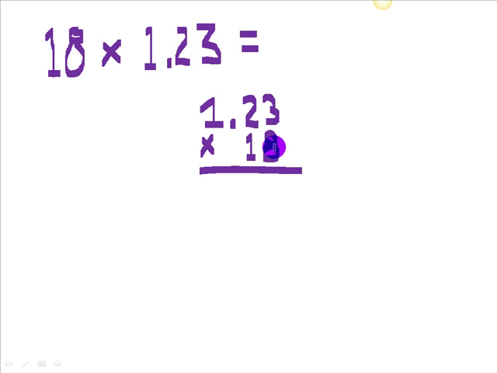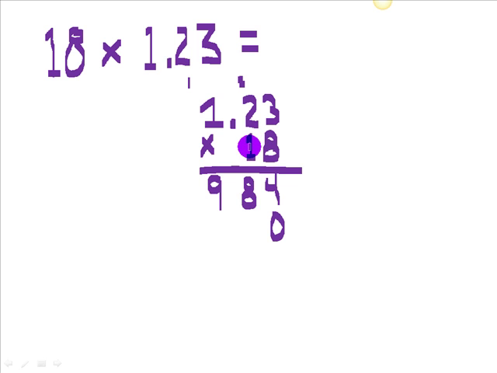Alright, so now I have 8 times 3, that's 24. And I carry the 2. And 8 times 2 is 16, plus 2, that's 18. So I put an 8, and I carry the 1. So I have 8 times 1 is 8, plus 1 is 9. Then I add a 0.